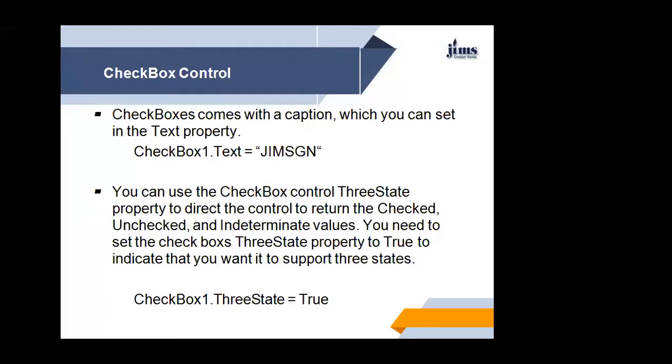Now you can use the checkbox control's ThreeState property to direct the control to return the checked, unchecked, and indeterminate values. So you need to set the checkbox's ThreeState property to true, to indicate that you want it to support three states, like here, CheckBox1.ThreeState equals True.